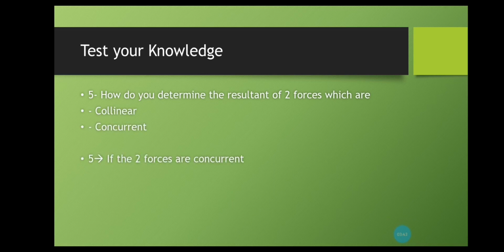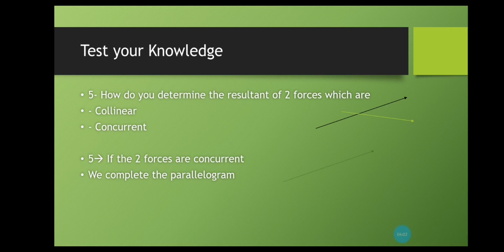And finally, if they have a point in common, we complete the parallelogram. Example. The black arrow is representing a force, and the yellow arrow is representing another force. As you can see, they are intersecting. So how am I going to find the resultant force or the net force of both of them?